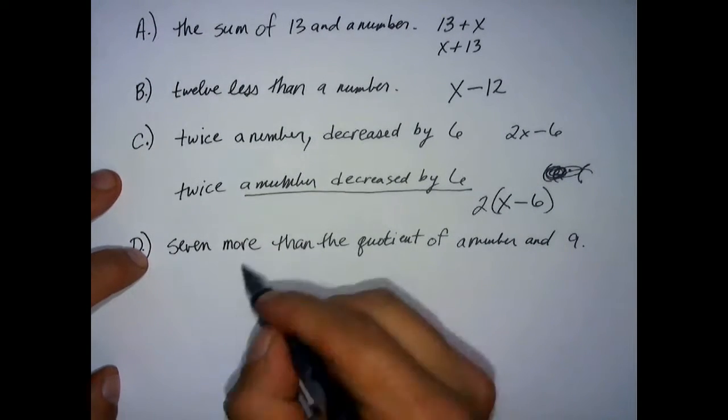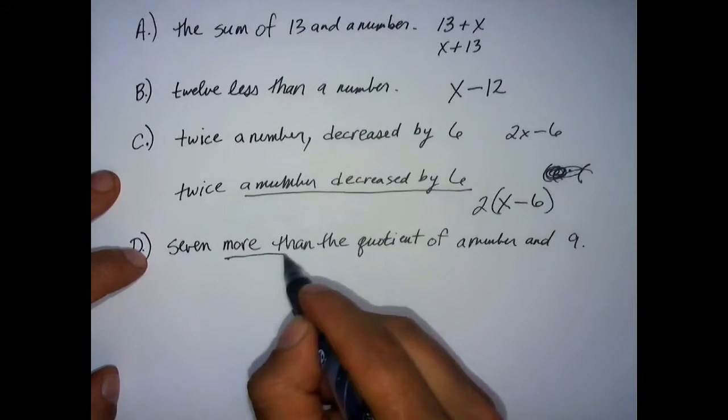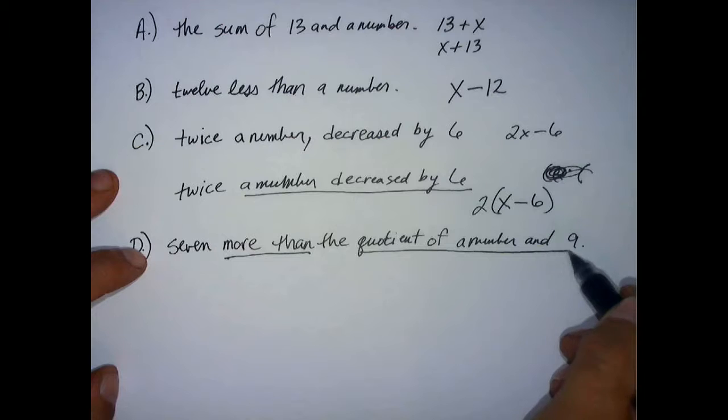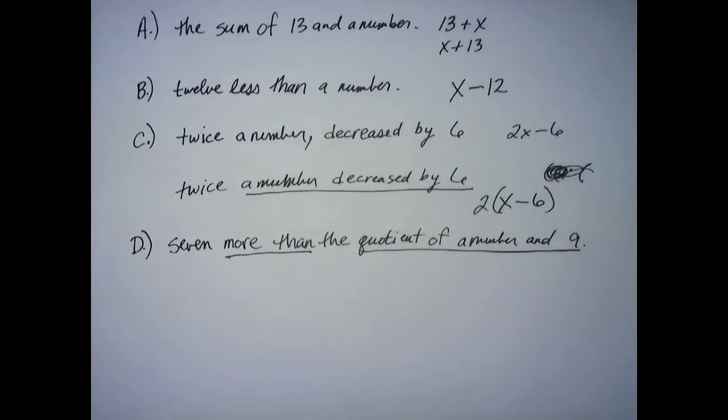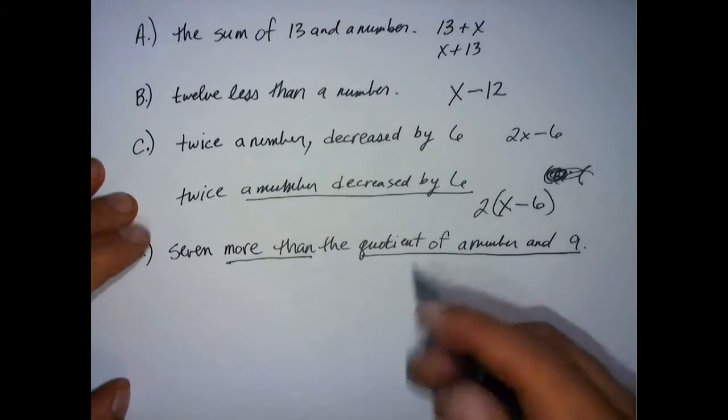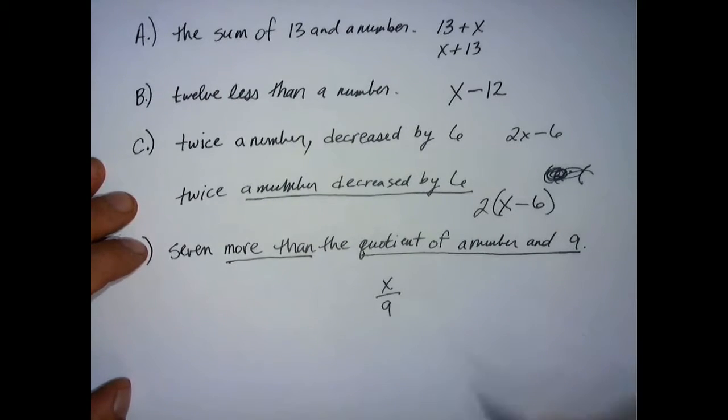Now, what does the "and" stand for? Well, quotient of a number and 9 is x divided by 9. This keyword for divide is quotient.